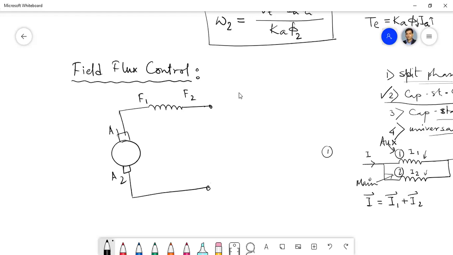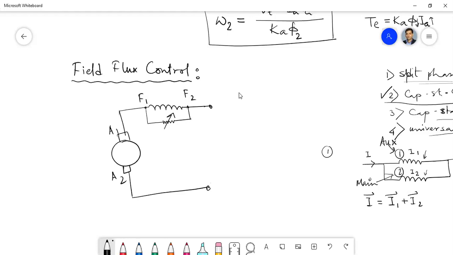Sir, if we connect a resistance in parallel with the field winding. In parallel. So that means this. That should be variable, isn't it? Variable resistance.